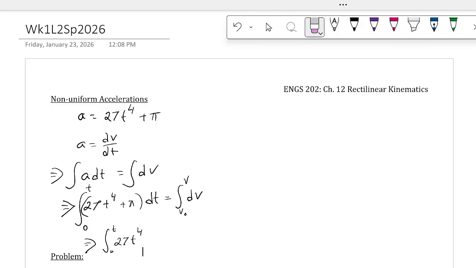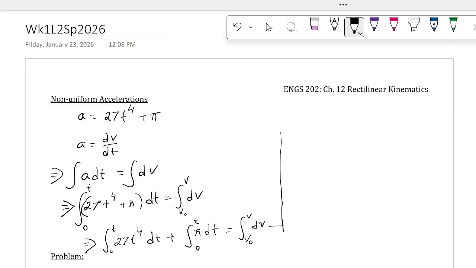It looks a little bit congested, let me rewrite it. So dt plus pi dt, and the limit is still the same. I'm rewriting the integration, and you have v0 to v and dv, right? I haven't done any part of the integration yet. I just redistributed them. Addition rule, right? If you remember from integration.